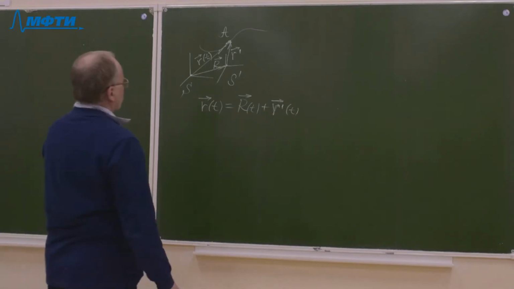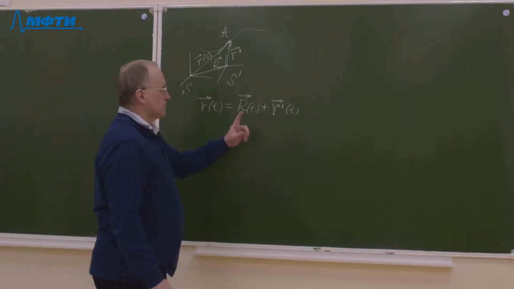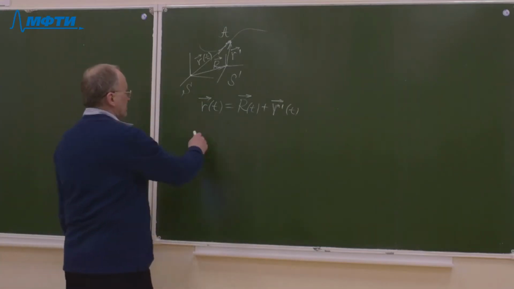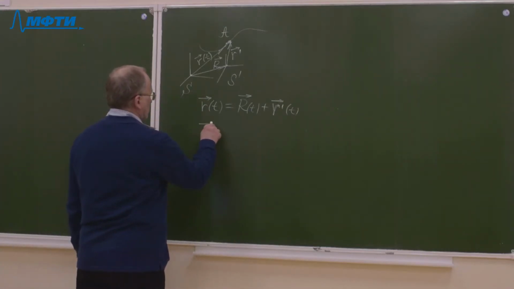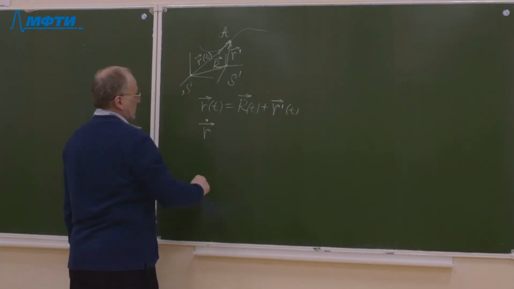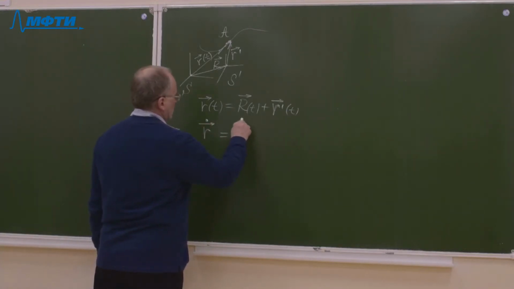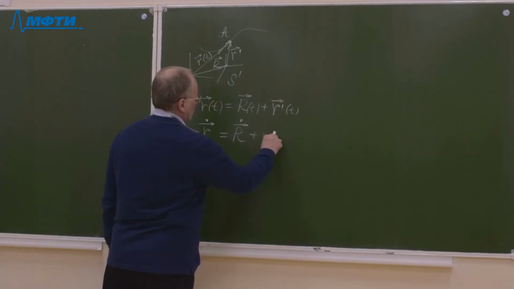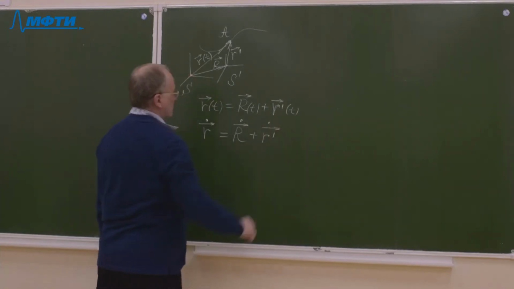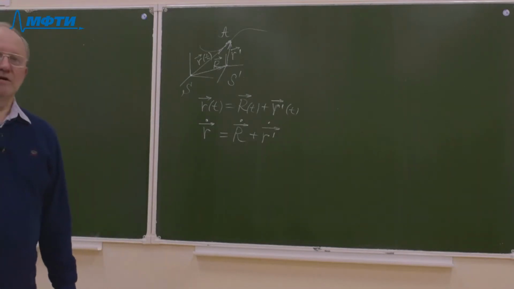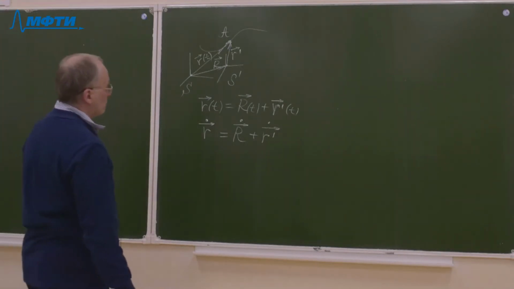Now, as all these radius vectors are functions of time, I can differentiate it with respect to time, and then I obtain R dot equals capital R dot plus R prime dot. These are derivatives with respect to time.